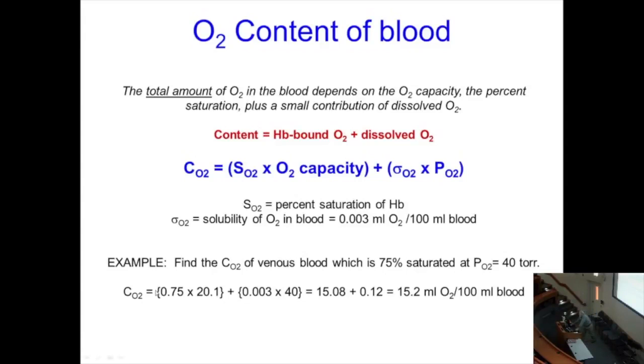So 75% of 20.1 is 15.08. Now we have to take into consideration dissolved oxygen, so that's solubility times the PO2. Solubility is 0.003, PO2 is 40, we multiply that out, and that comes to 0.12. So we add these together, and the total oxygen content of this blood is 15.2 milliliters of oxygen per deciliter of blood.